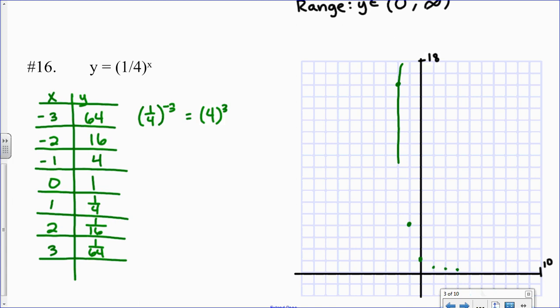So this time, my graph kind of looks like the opposite of what I just had. My asymptote did not change. My y-intercept did not change.